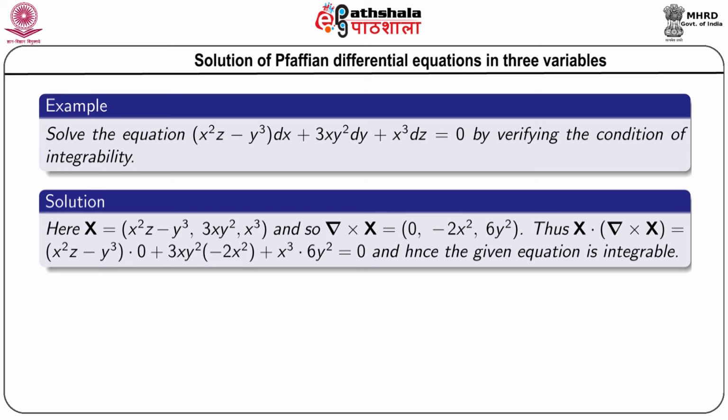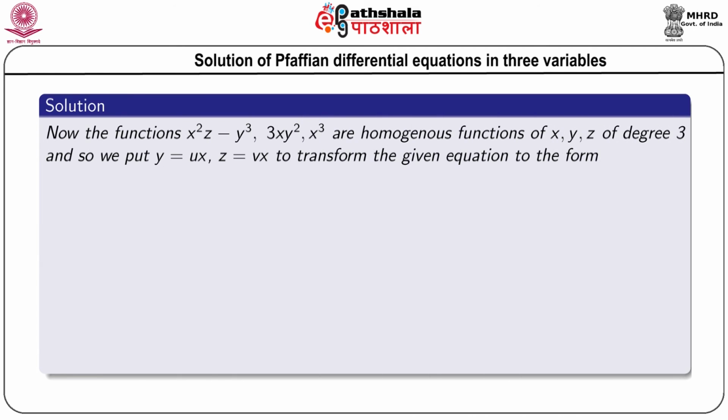Hence, the given equation satisfies the integrability condition. Therefore, we can look for an integral of the given equation. Now, if we look at the expressions for p, q and r, these are homogeneous functions of degree 3.